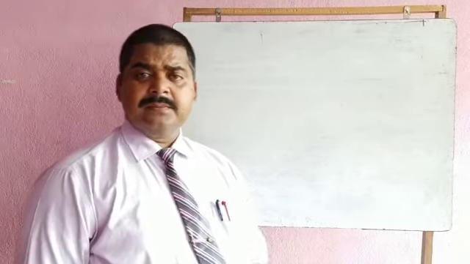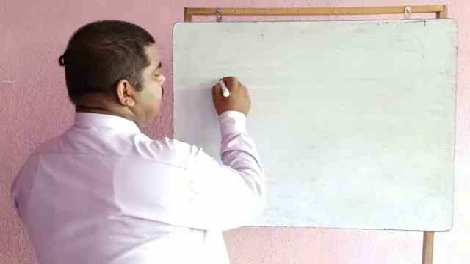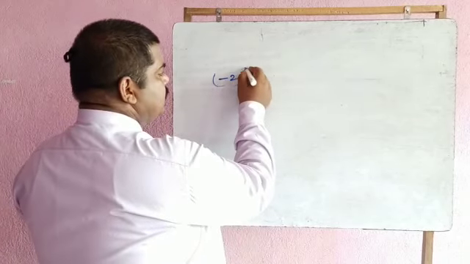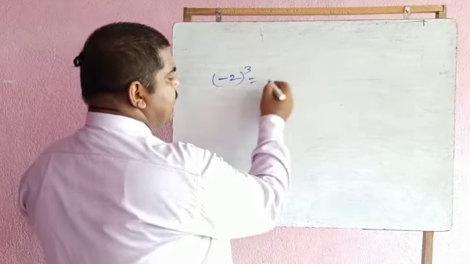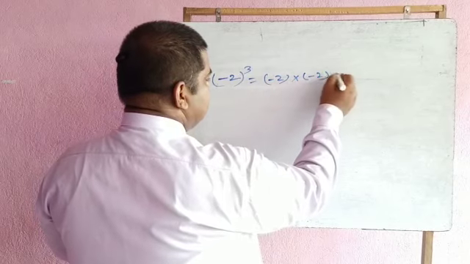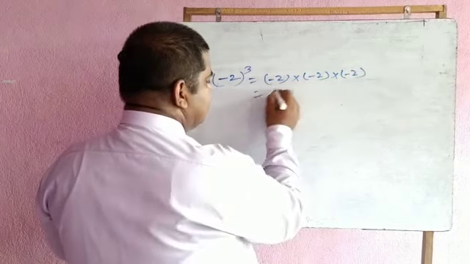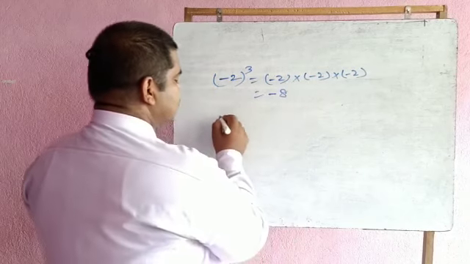Similarly, for negative numbers, you can do the same operation. If it is written as minus 2 to the power 3, what does it mean? This is the exponential form, and by the definition it is minus 2 into minus 2 into minus 2, which is minus 8.